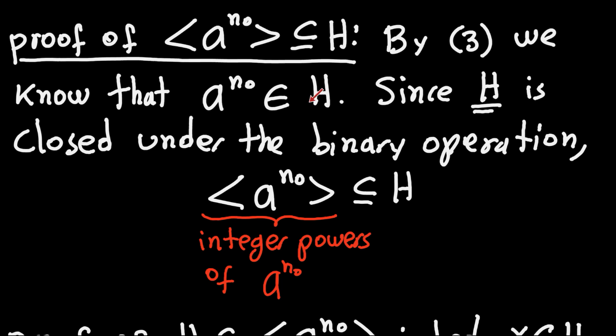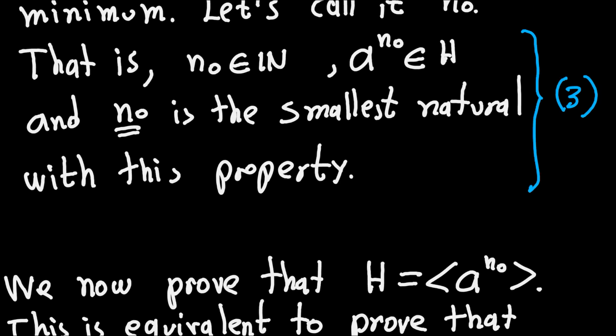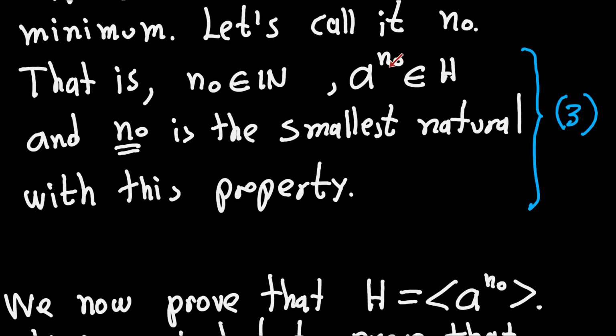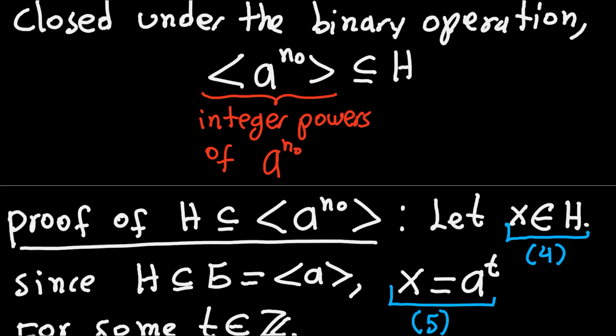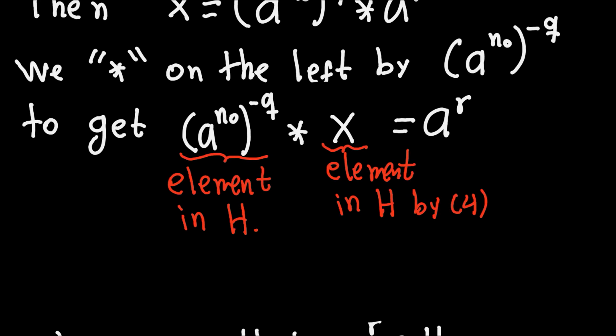So it's here, but the main reason is because we apply the well-ordering principle. A to the n0 is in H. That's by number 3. Let me scroll all the way back down.